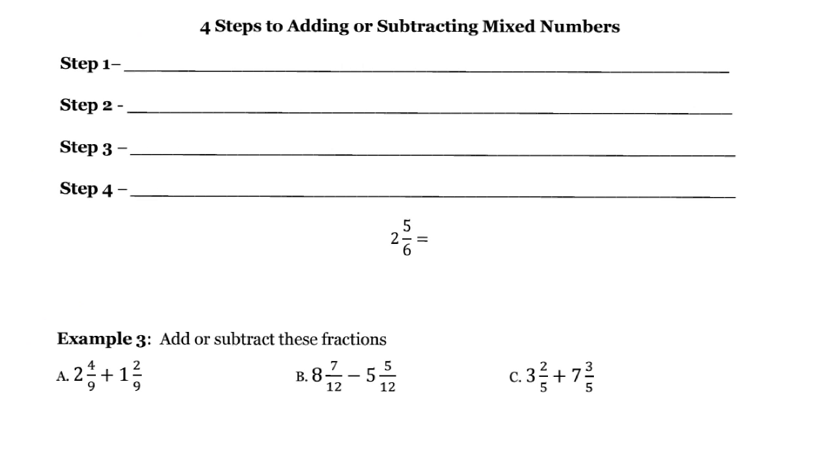Now we're adding or subtracting mixed numbers. So we're taking what we did before with fractions and taking it to the next level with mixed numbers. The only thing that's really different is we're adding one more step. And that step is to make mixed numbers into improper fractions. So we need to convert our mixed numbers into an improper fraction.